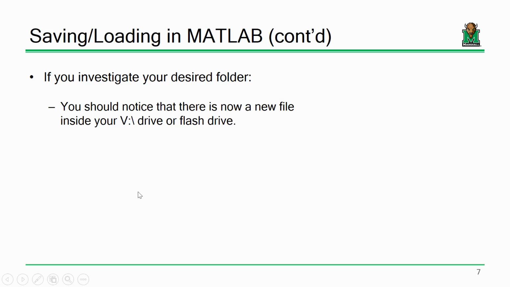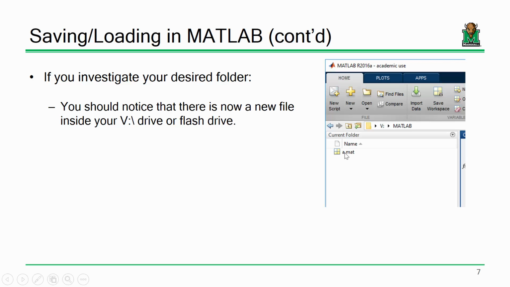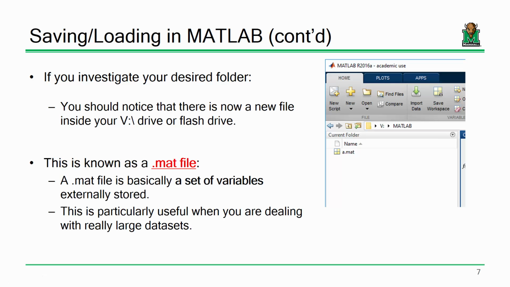So what you'll find when you save those, it's a .mat file. And that's a file extension that Matlab uses to save any sort of data that we want to assign as variables. Now it's really useful, especially when you're dealing with large data sets that you don't want to have to type in again, or that would be impractical to type in again.